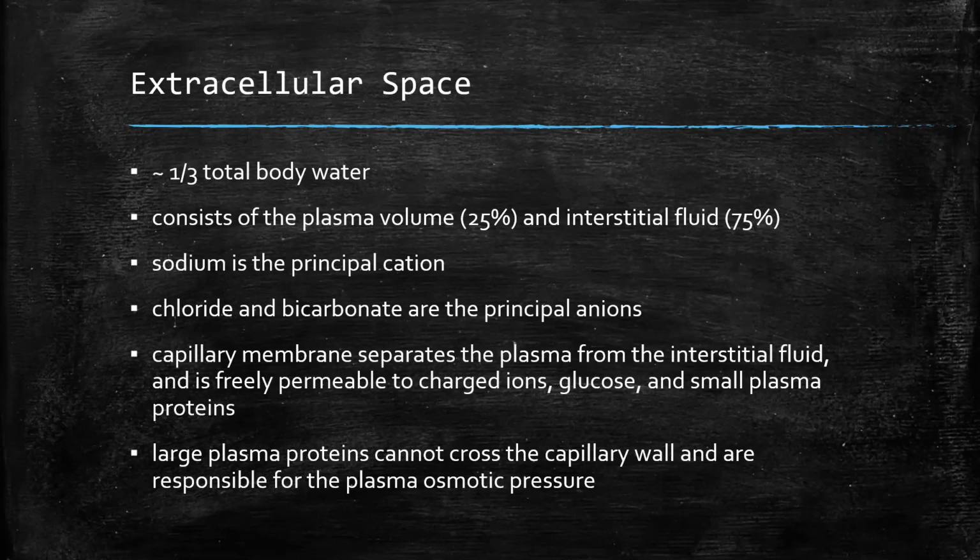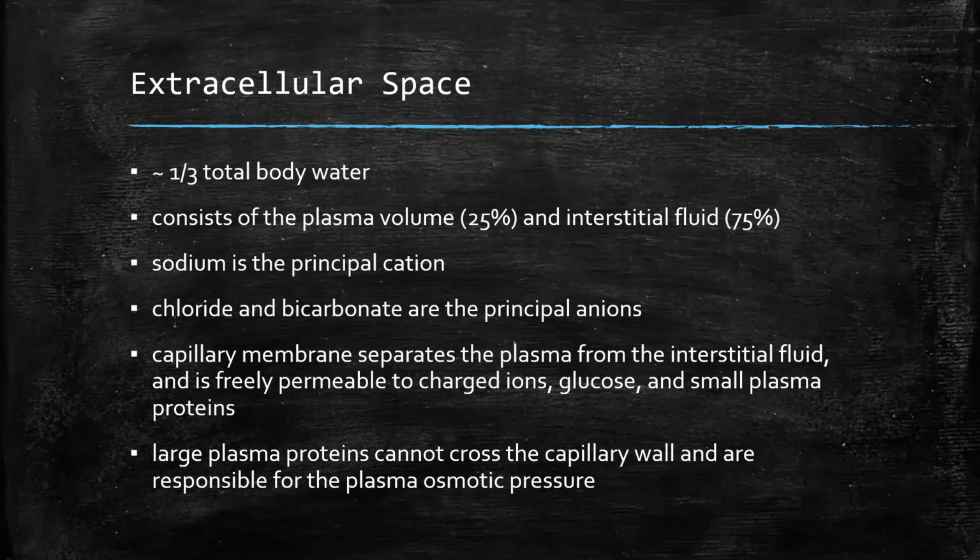And the unique characteristic of this membrane is that it has pores. In general, these pores are small. And so small molecules like sodium or potassium or glucose can freely move through these pores. And so the concentration of these substances is the same in both the plasma space and the interstitial space.